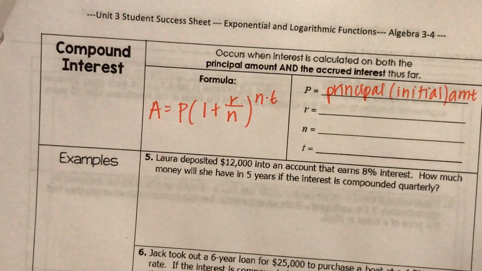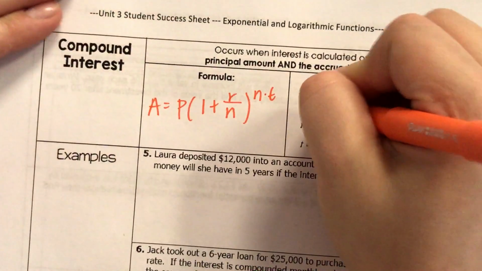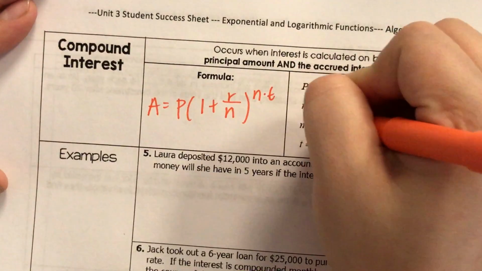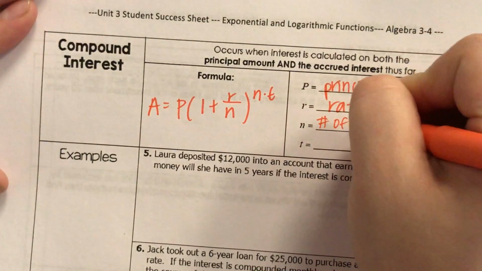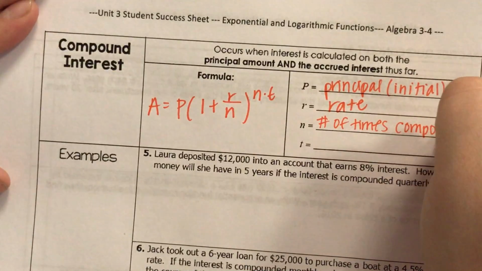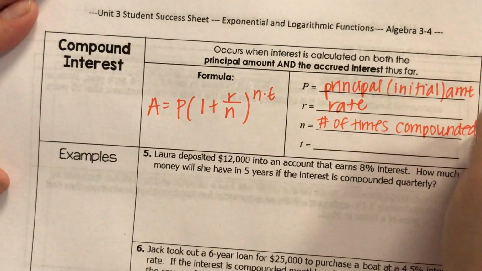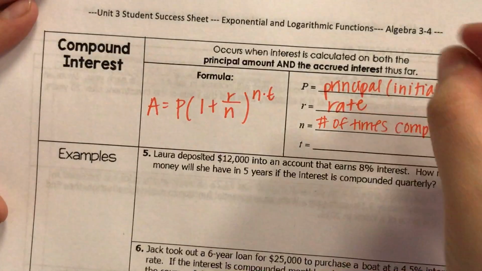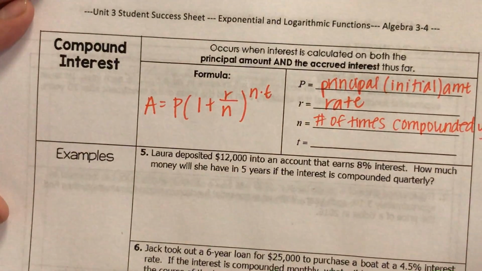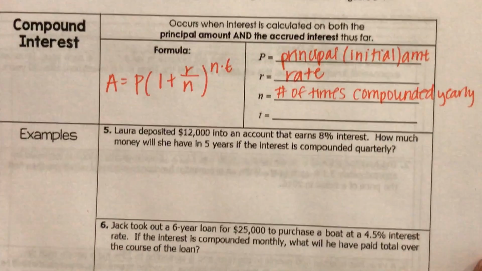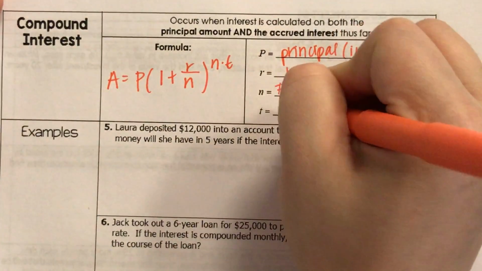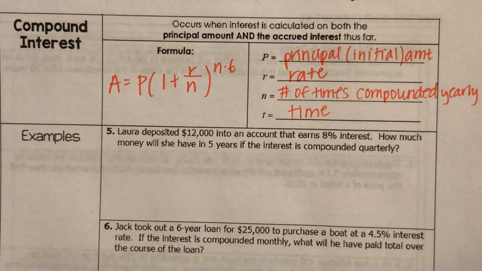Okay, that's the amount you borrowed. r is your rate. n is the number of times compounded. And the way they calculate interest is they count the number of times compounded yearly. Okay, compounded yearly. Can you see that? There it is. And then t is time. t is always time. Okay?